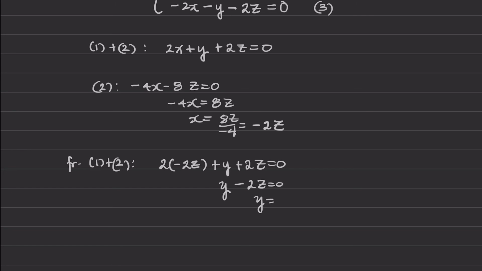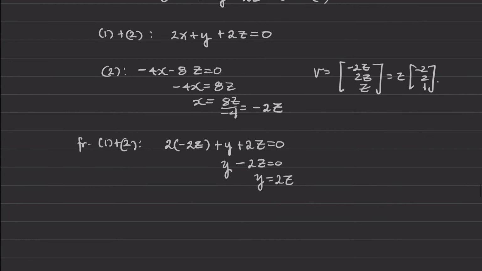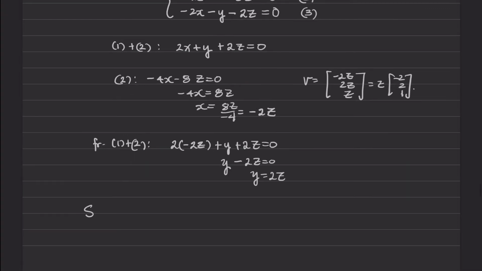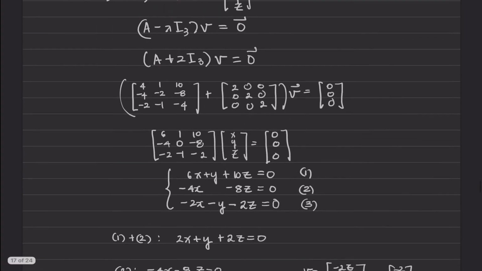So, y is 2z. So, yung v mo, ang itsura niya na ay xyz, no? So, negative 2z, 2z, z, which is z times negative 2, 2, 1. So, yung S sub, ano yung eigenvalue natin dito?